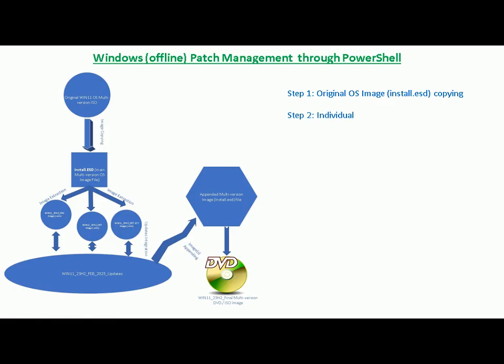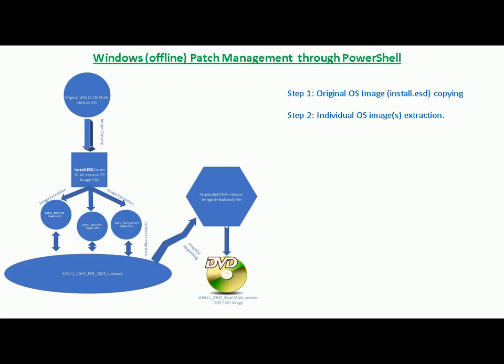Second step, after copying the install.esd file, we will be individually extracting the OS images. What we are doing, we will see in the upcoming part. Let's say a single ESD has 5, 6, 8, 10, 12, 16 images: Windows 11 Home, Windows 11 Pro, Windows 11 Pro N, Windows 11 Enterprise, Windows 11 Enterprise N, Windows 11 Enterprise IoT.